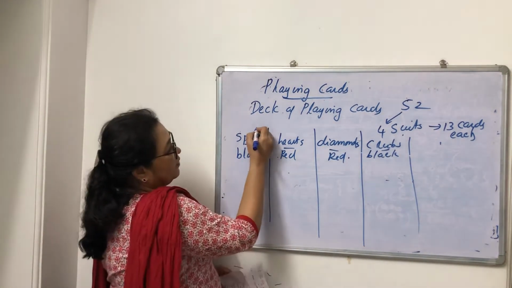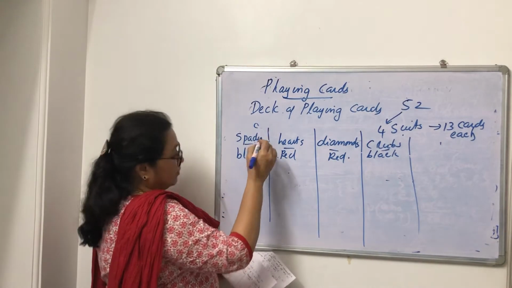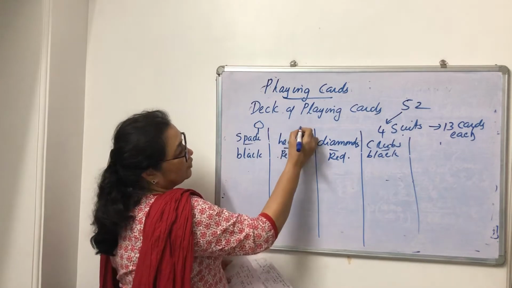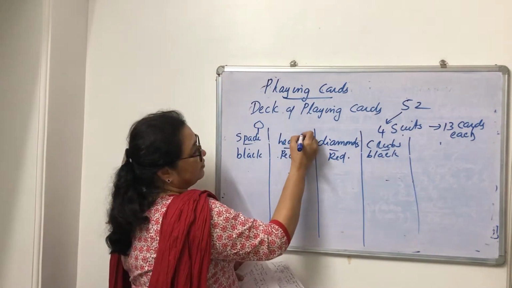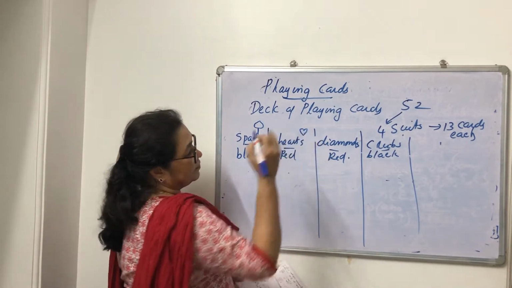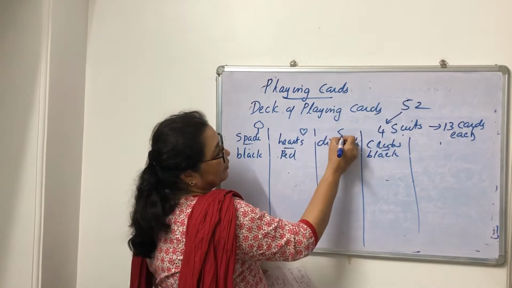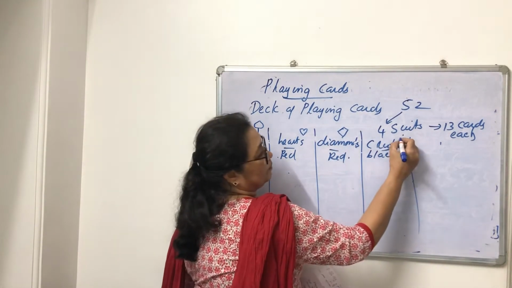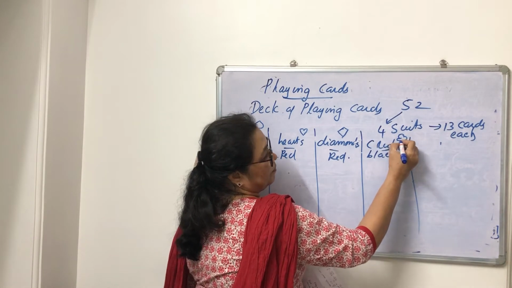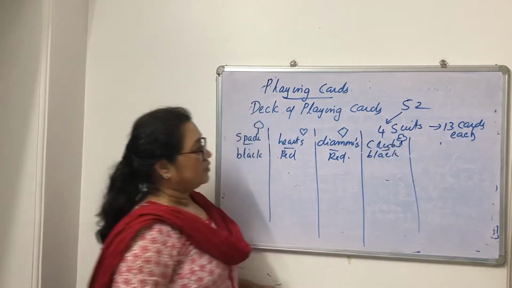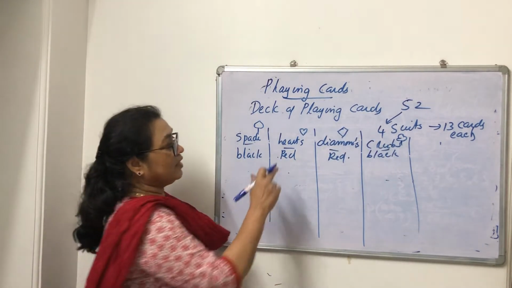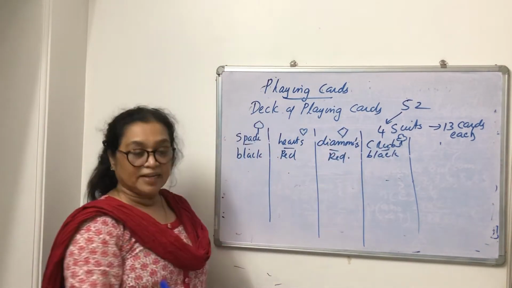Here the spade, that shape is like this. Heart, you know what is the shape of heart? Diamond, and it is club. So spades and clubs are black in color, hearts and diamonds are red in color.